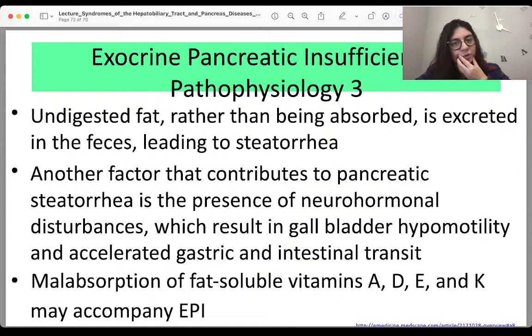Another factor that contributes to pancreatic steatorrhea is the presence of neurohormonal disturbances, which result in gallbladder hypomotility and accelerated gastric and intestinal transit. Malabsorption of fat-soluble vitamins, remember what is fat-soluble? It is vitamins A, D, E, and K. These deficiencies may accompany exocrine pancreatic insufficiency.